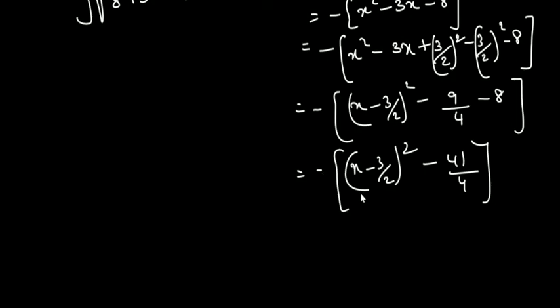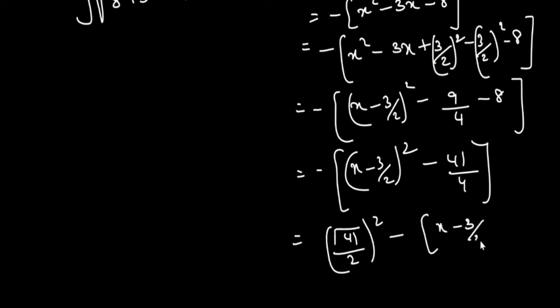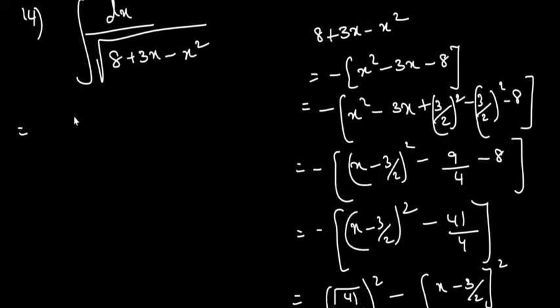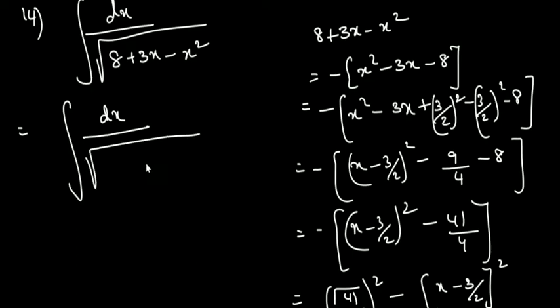So change the sign now. So this will become 41 by 4. You can write it as root 41 by 2 the whole square. So this will become root 41 by 2 minus x minus 3 by 2 the whole square. So this integral will now change to dx by root of root 41 by 2 the whole square minus x minus 3 by 2 the whole square.